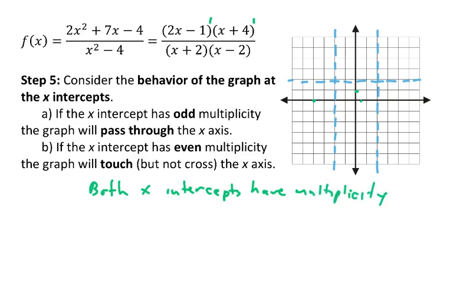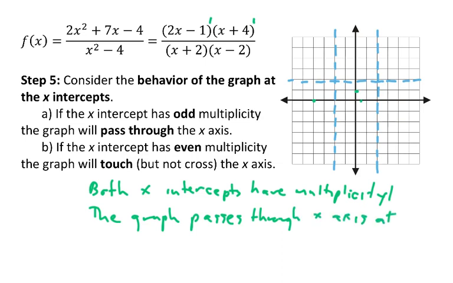And what that tells me is that at both of those intercepts, the graph passes through the x-axis, again, at both intercepts. It won't touch the graph and bounce off it like a parabola. It will pass through. We'll see what that looks like momentarily.